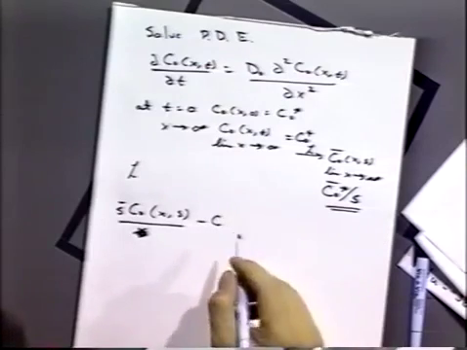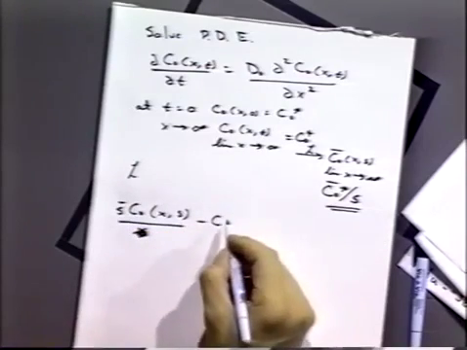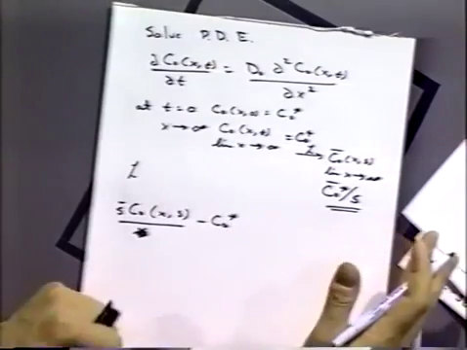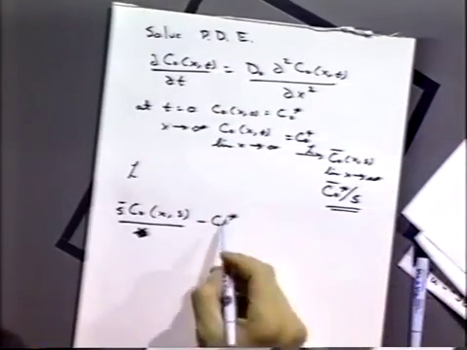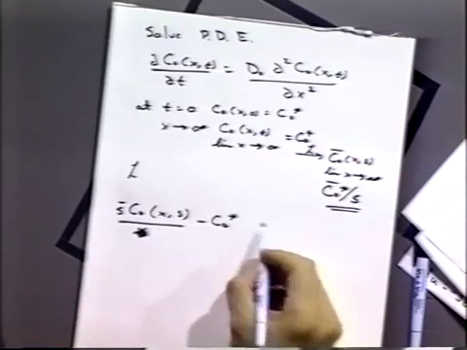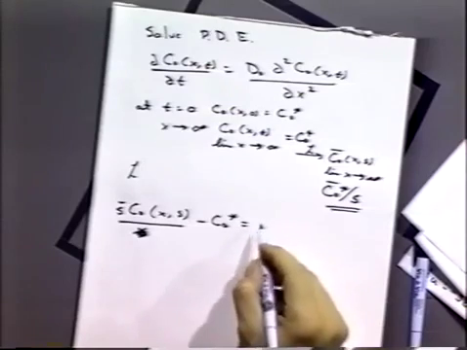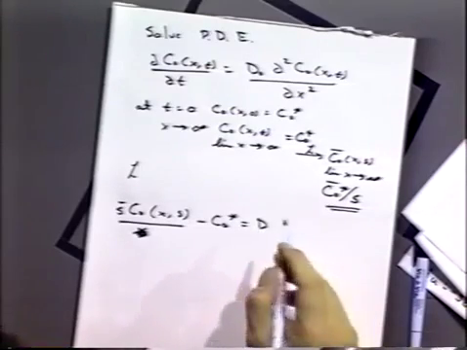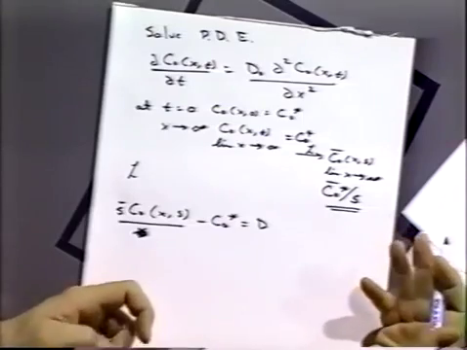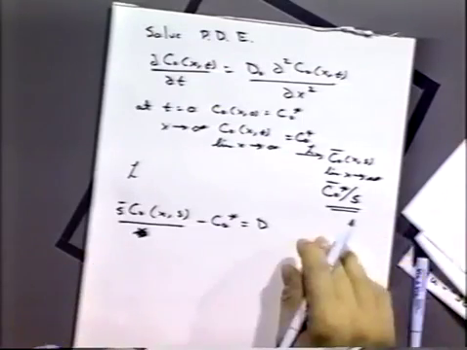So it'd be s times c bar minus the value of that function at time equals 0, which is the bulk concentration. We've already established that. The next part is the second derivative with respect to x squared, and since x is not a Laplace variable, we don't have to do anything to it.